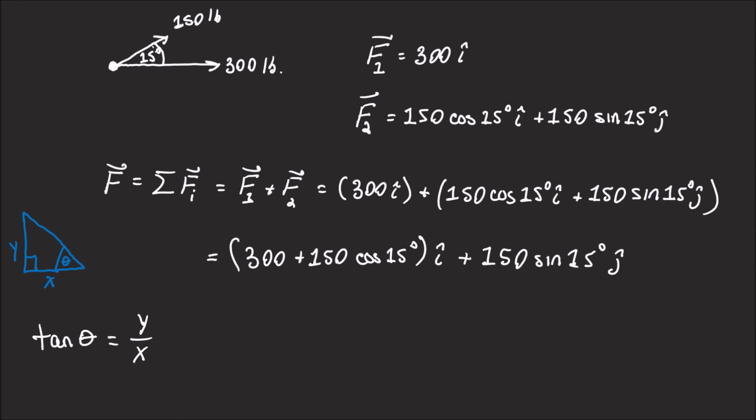Tangent of theta is opposite over adjacent. So tangent of theta is the y component divided by the x component, or the vertical component divided by the horizontal component.